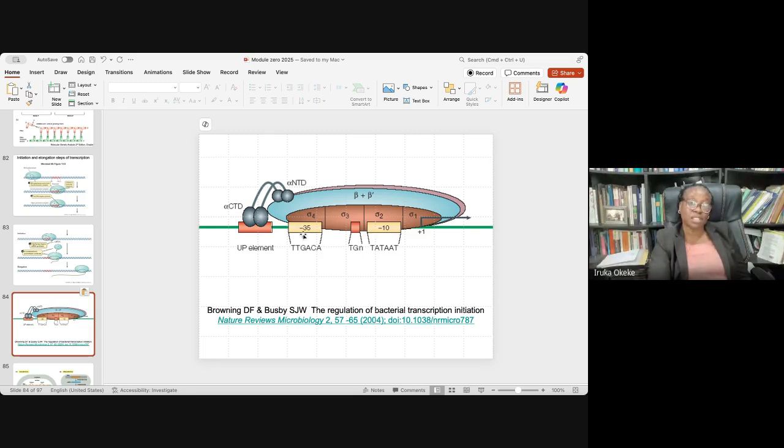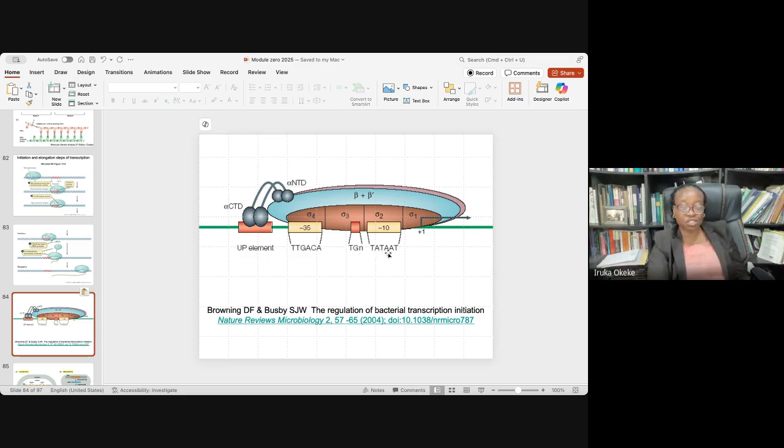The other foot is at the -35 position. The start of transcription is going to be at position +1. And +1 is ahead of the start codon, the methionine that's going to start translation. Okay? So sigma will put 1 foot down if it finds the nucleotides that its shoe binds to.